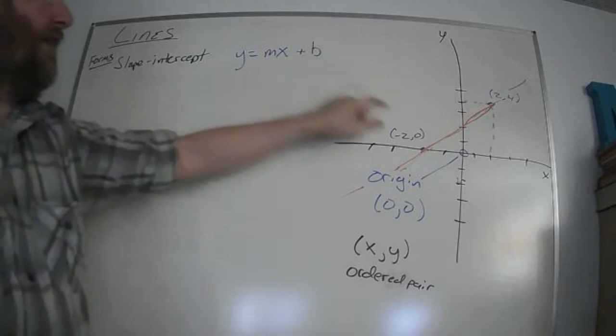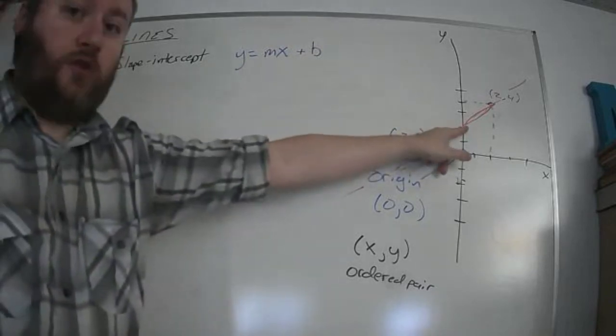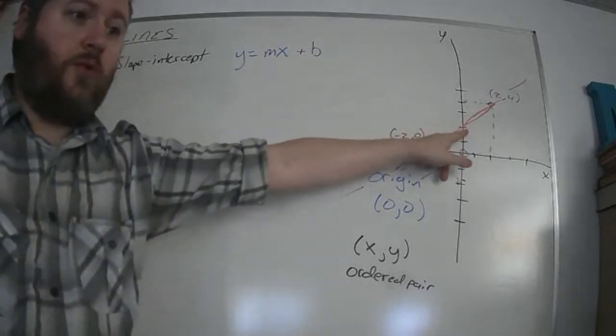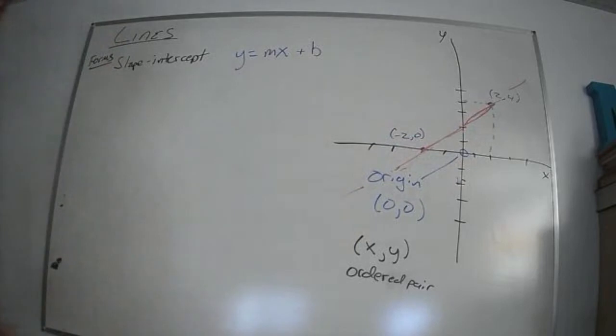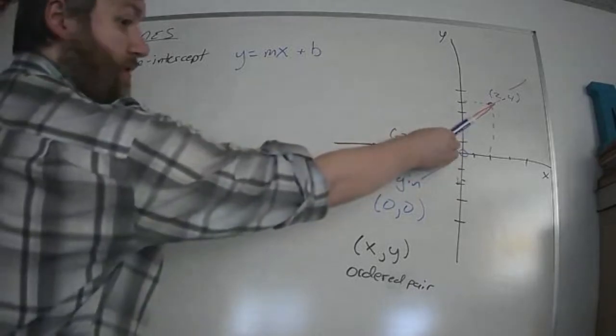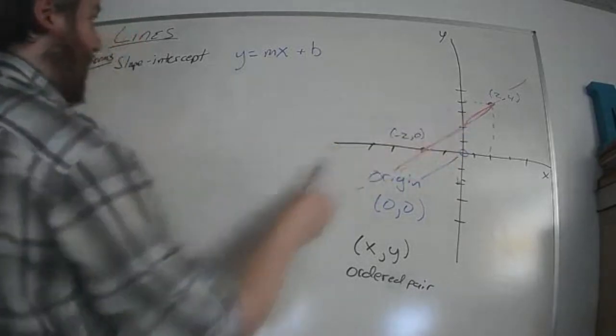So this means b is the point where this line goes through the y-axis. And it's the y coordinate of that point. And m is the slope, like this. So this is the slope of that line.